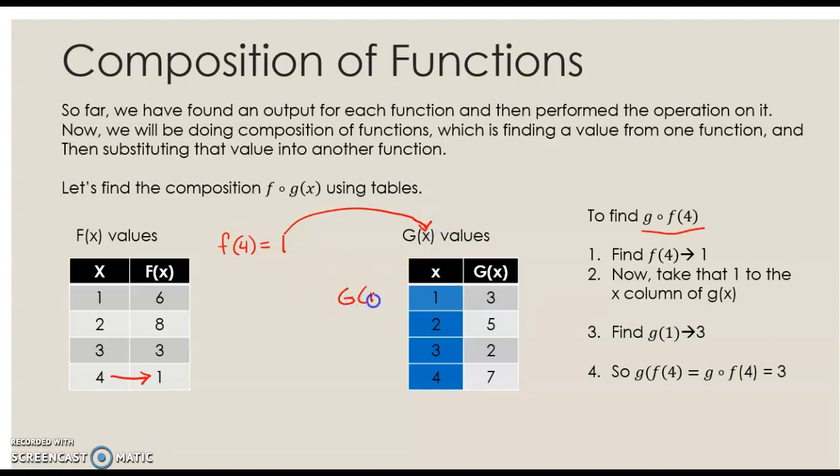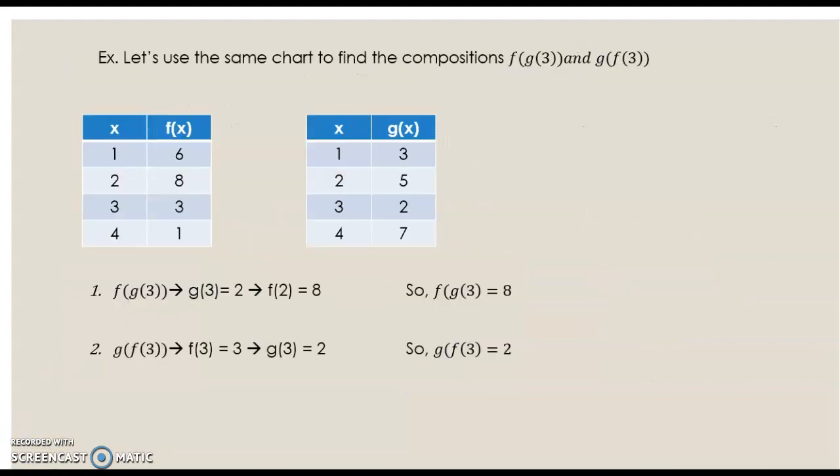So now you find g of 1, which is right here, which goes to 3. So g composition f of 4 is actually 3. It goes from 4 to 1, the 1 matches up, and then goes to 3. That would be how you took the composition on a table.